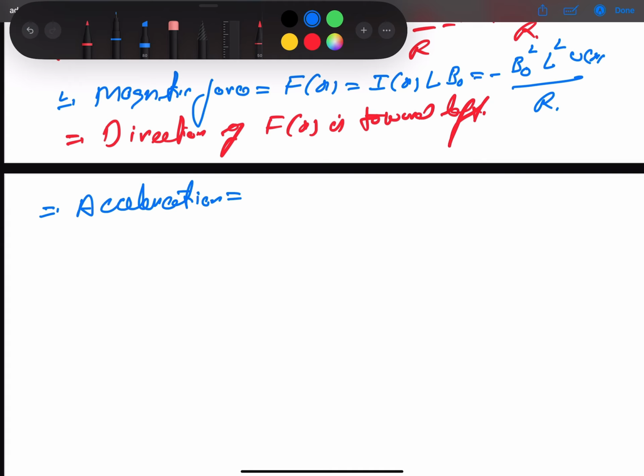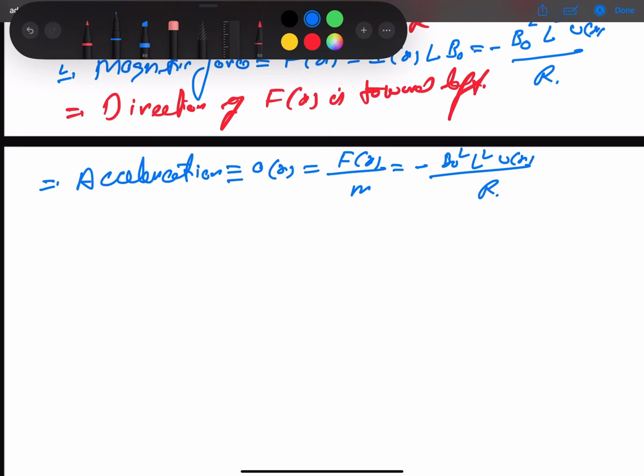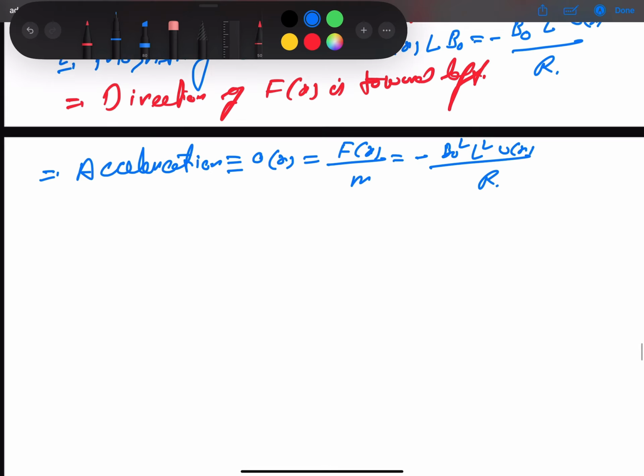So acceleration A of x will be the magnetic force divided by m, and we already know this will be minus B naught square L square v of x divided by mR. And from here we can say that this acceleration is basically negative, or we can also call this a retardation.